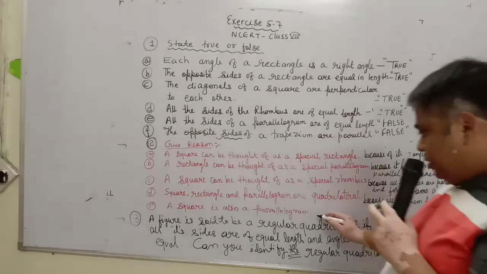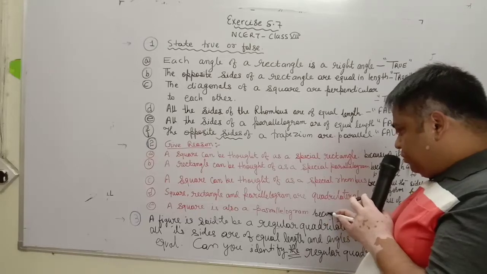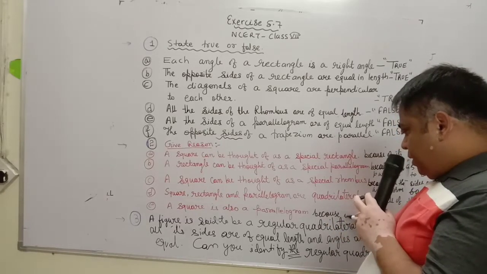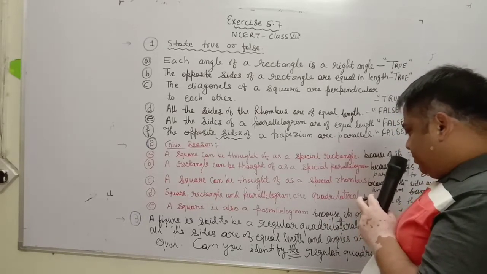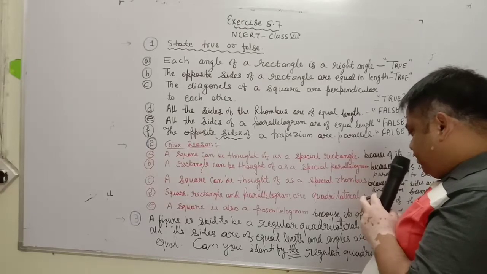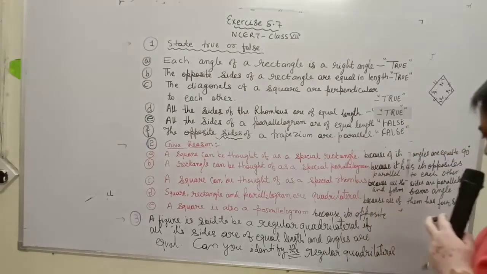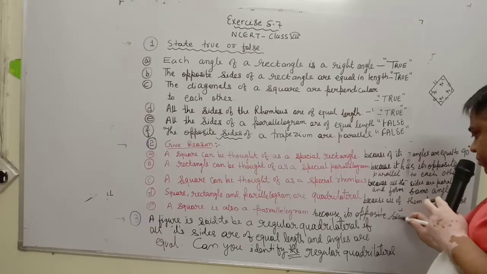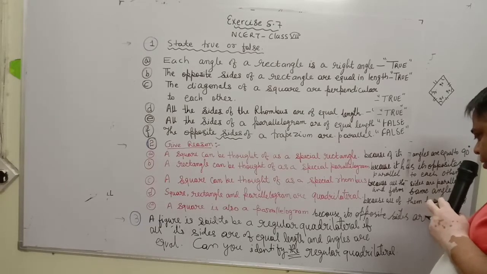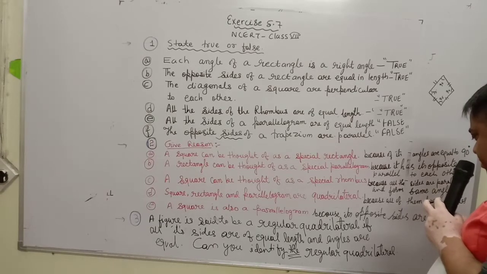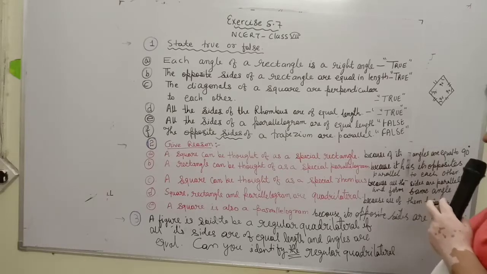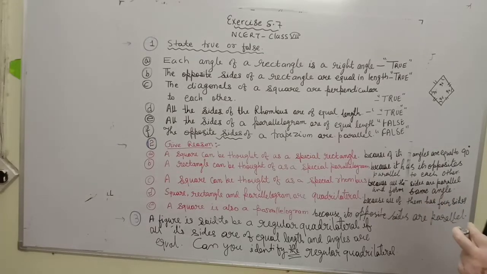Yes, because its opposite sides are parallel. Any quadrilateral whose opposite sides are parallel can be called a parallelogram. So both square and rectangle can also be considered as parallelograms.